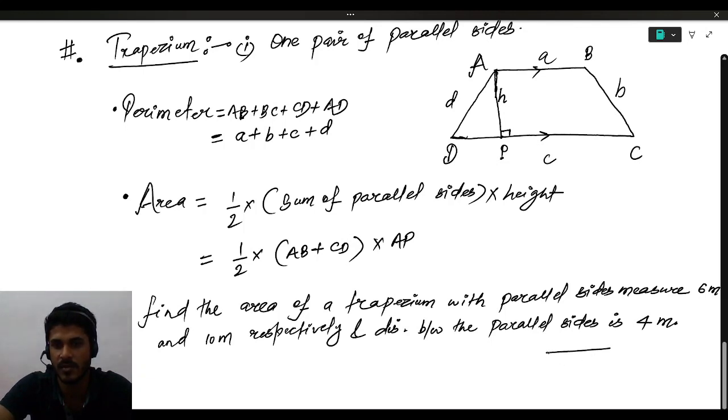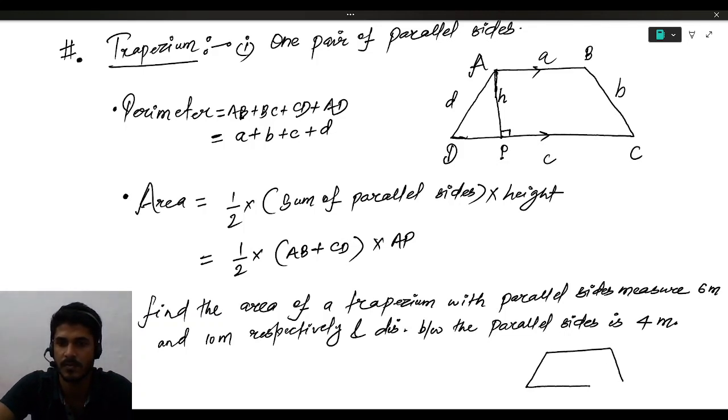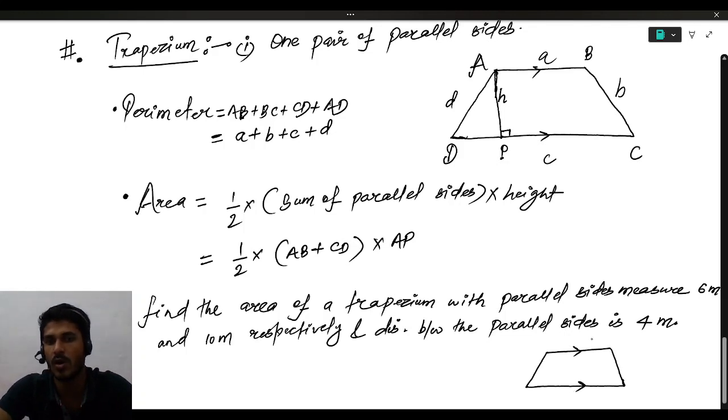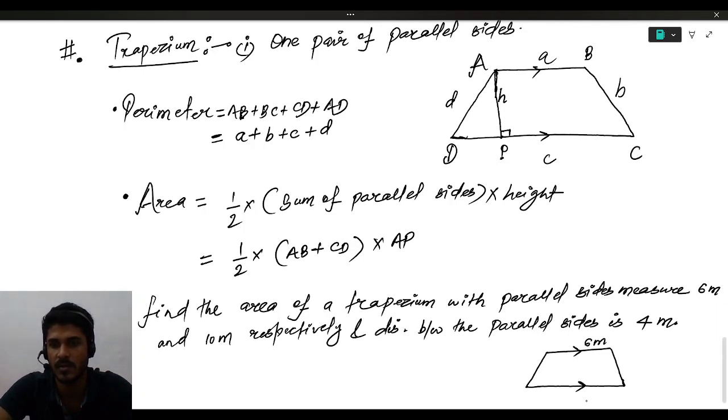So for this question we have to simply draw a rough sketch first of all. So this is a rough sketch of a trapezium. This parallel side and this parallel side have got the measurements given, which are 6 meter and 10 meter. We have to drop a perpendicular line to the base.